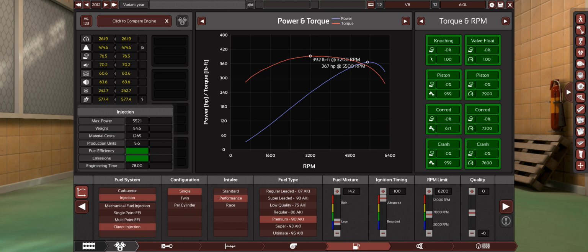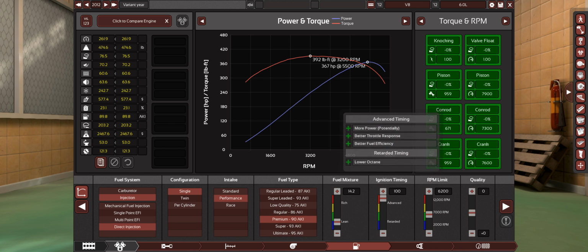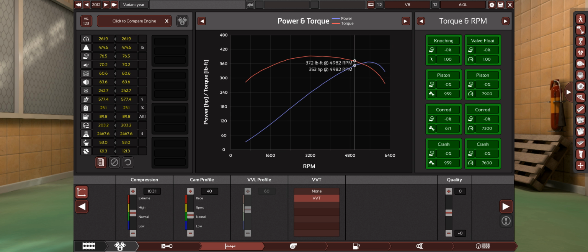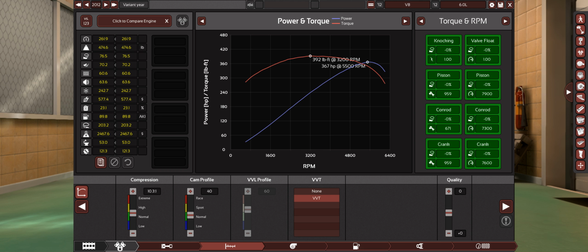And, I didn't increase the fuel mixture like crazy or mess around with the ignition timing to compression ratio too much, because I want these to all be fairly similar. That's the point I'm trying to make here. I'm not trying to tune any of these just perfectly. So, we've taken a look at this torque curve here, the horsepower curve. Everything, because of that smooth torque curve, is right about perfect.